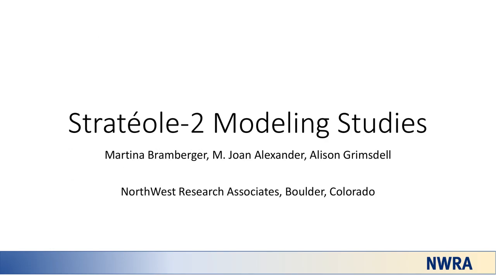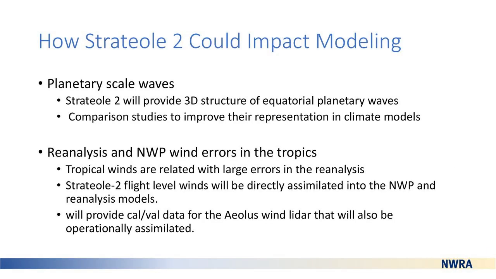So I'm going to present you now some processes that could be addressed based on the campaign data of the Strateole-2 campaign observations. One of these processes is the representation of planetary scale waves, such as the Rossby waves or the equatorial Kelvin waves. Their horizontal structure is very well resolved in climate models.